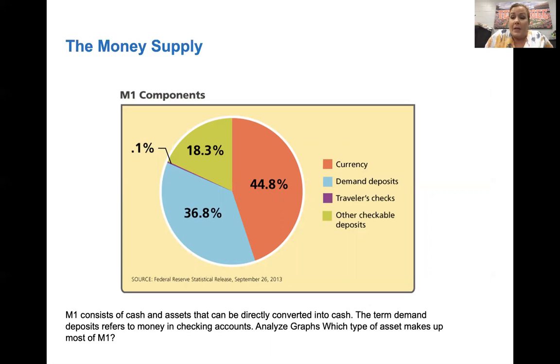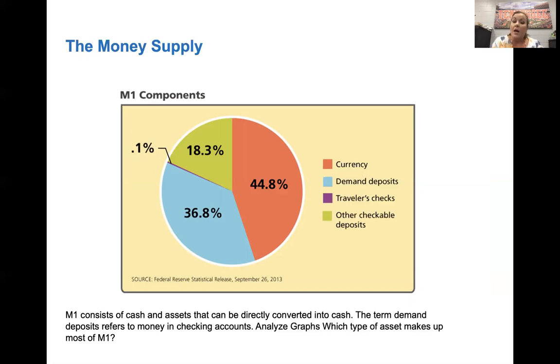If we look at our money supply, you can see what makes up our M1 components. The first one in the pink there is actual cash. It's actual cash we have on hand. 36.8 are going to be demand deposits. So that's like your checking account, savings account, where you can go and say, I want all my money, and then give it back to you immediately.